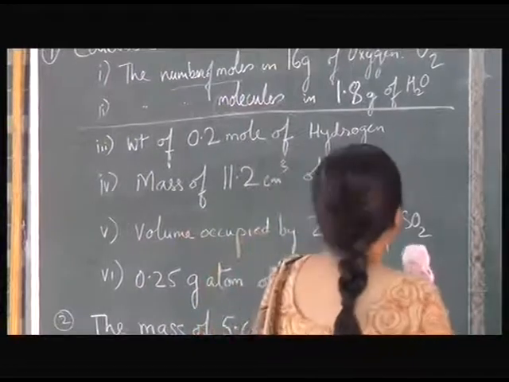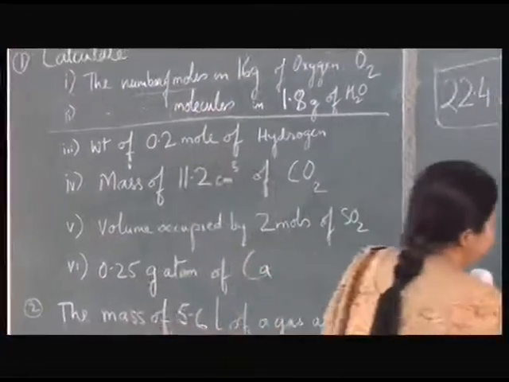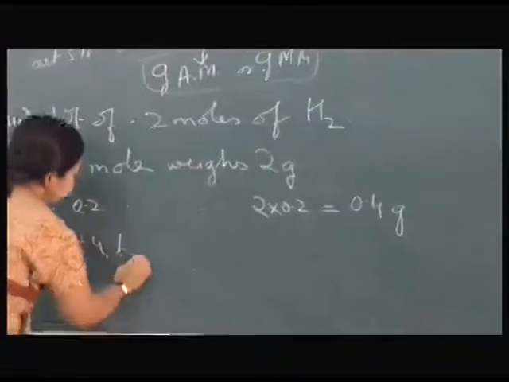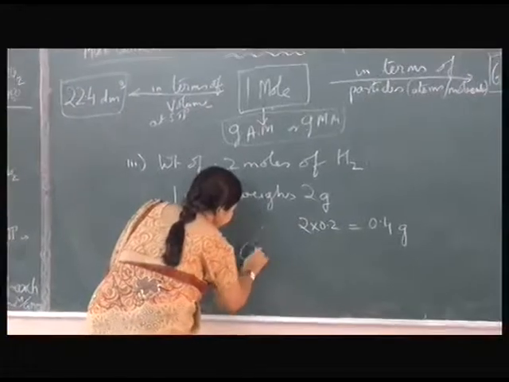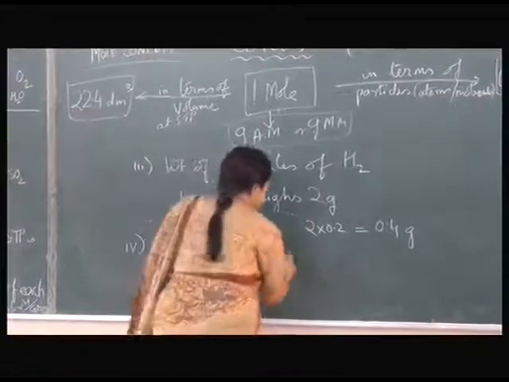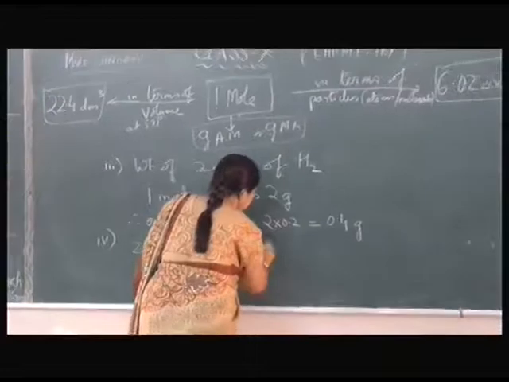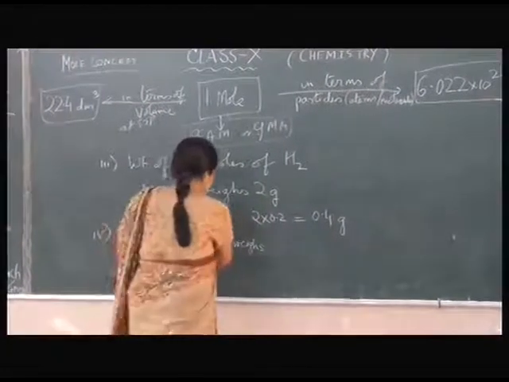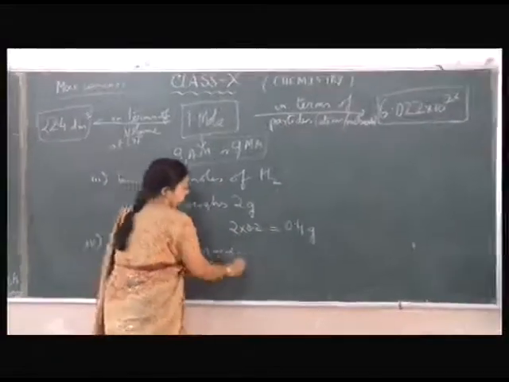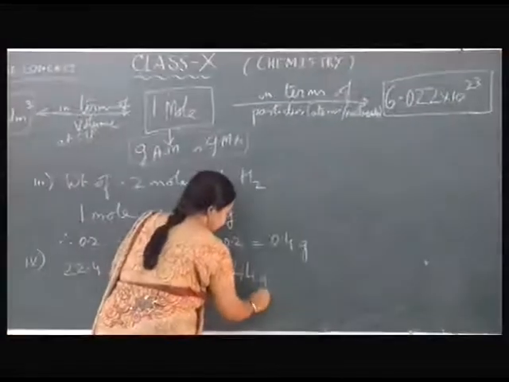So how do you relate this? 22.4 liters of gas, the gas is CO2, weighs what? What is the gram molecular mass? Carbon is 12 and oxygen 32, that is 44 grams.